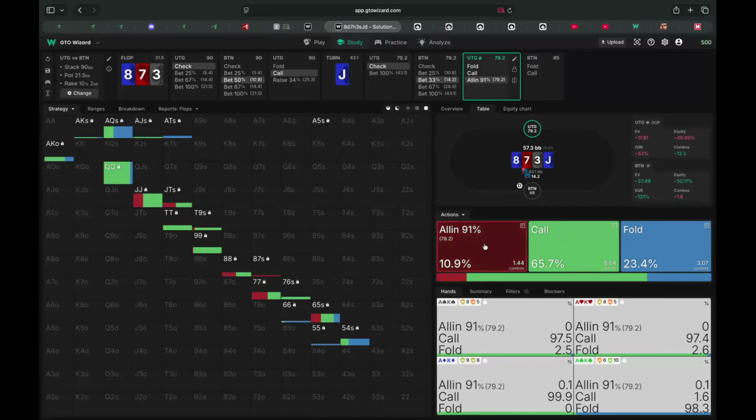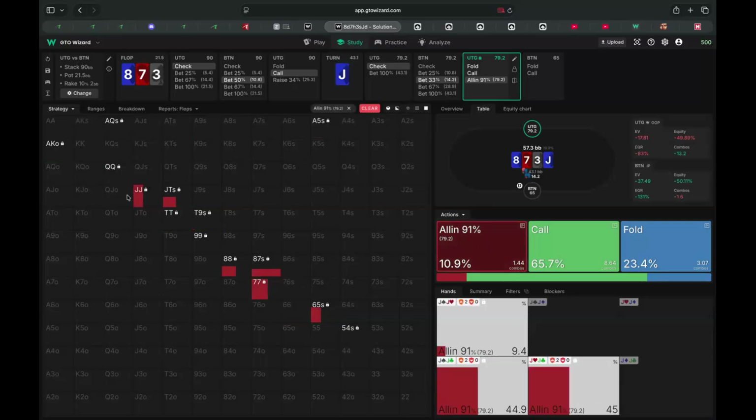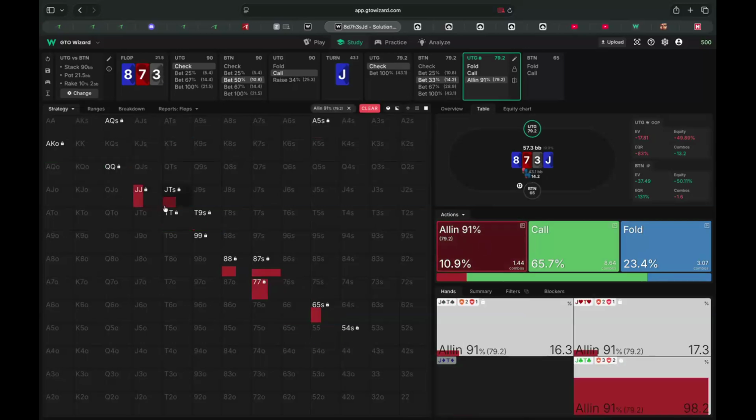That's their node lock strategy, that's their jamming. So they're not jamming queens here. Whereas I think some villains are jamming queens, and I think some villains are getting here with ace jack and jamming ace jack. Yeah, they would. So we're beating some stuff. Can we create that? Sure, you can create that through this. Block that.